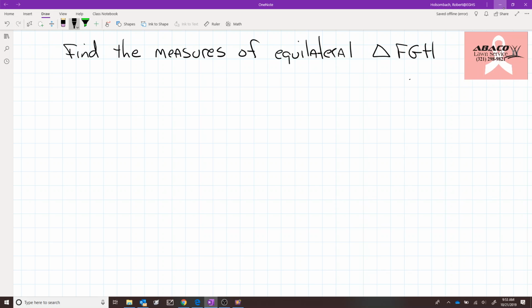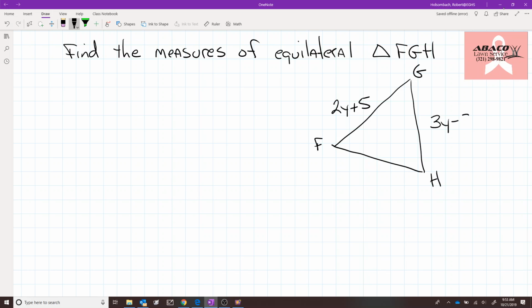And then you've got a triangle FGH. You've got 2y plus 5 for side FG. Side GH is 3y minus 3. And side FH is 5y minus 19.